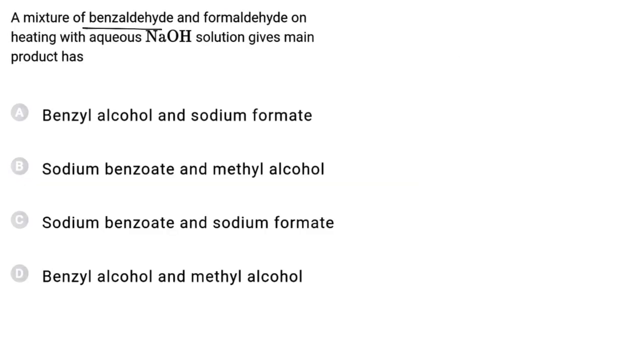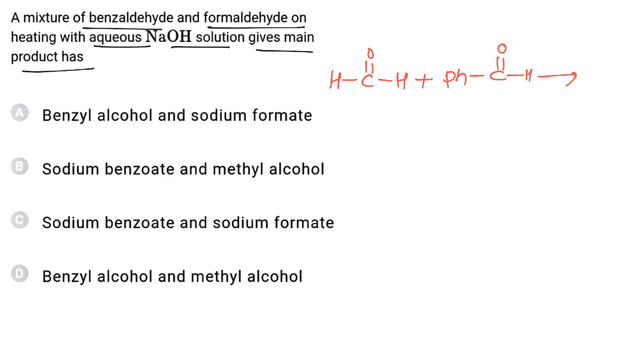In the mixture of benzaldehyde and formaldehyde on heating with aqueous NaOH solution, what is the main product? Now this is an example of the Cannizzaro reaction. Both aldehydes taken do not have alpha hydrogen. So when aldehydes not having alpha hydrogen are treated with NaOH solution, one of the reactants will oxidize to form the sodium salt of an acid and the other will form alcohol.